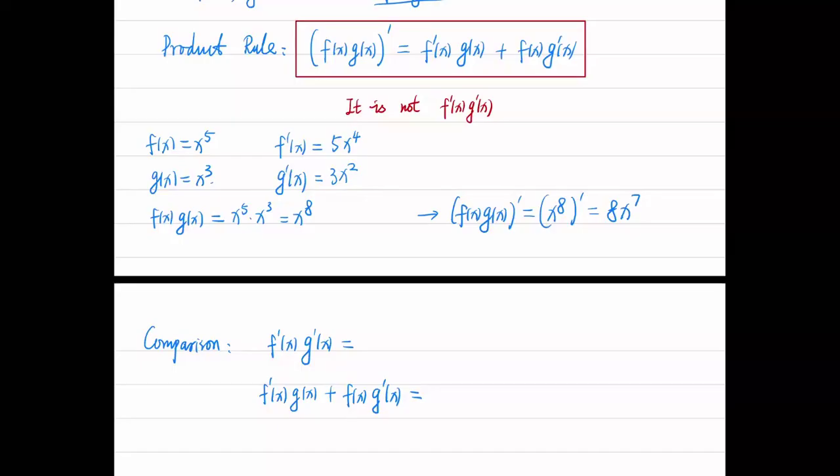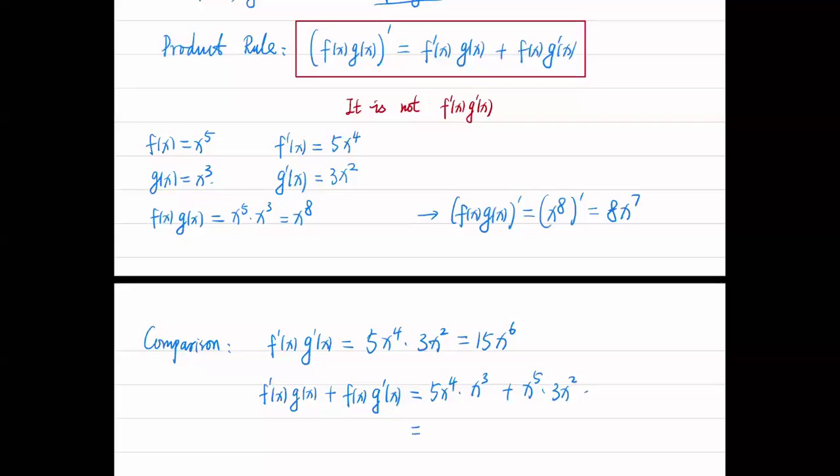So this will be 5x to the fourth times 3x squared, 15x to the sixth. And this will be 5x to the fourth times x cubed plus x to the fifth times 3x squared.